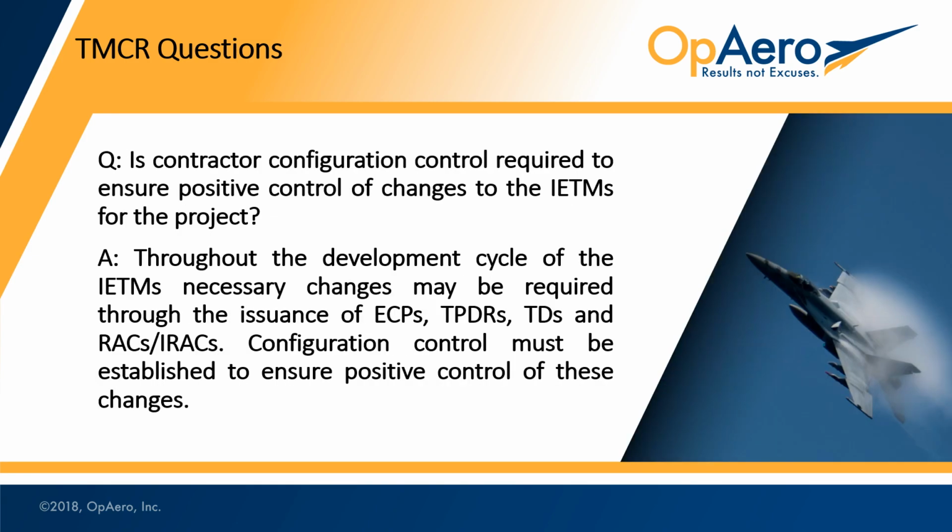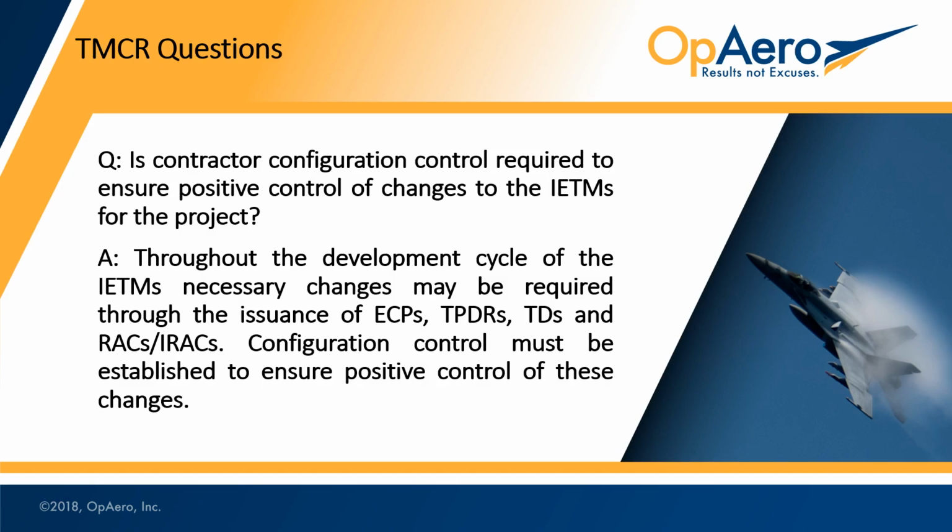Is contractor configuration control required to ensure positive control of changes to IETMs for the project? Through the development cycle of IETMs, it might be necessary or required to change things through the issuance of ECPs, TPDRs, TDs, and RACs, IRACs.